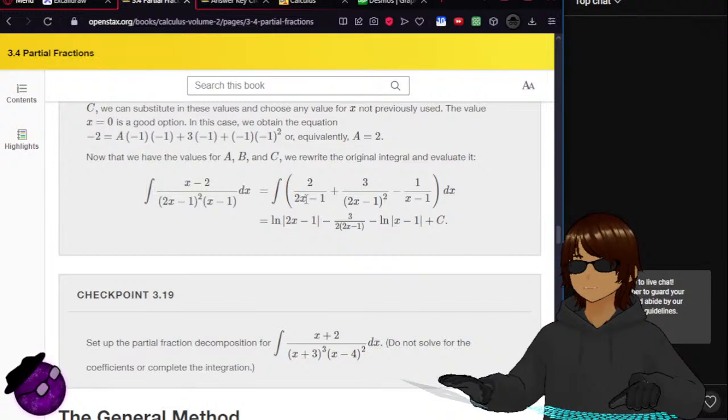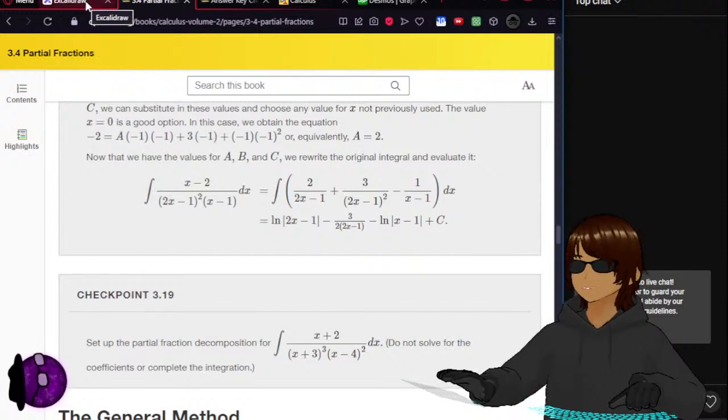I don't get how 2 over 2x minus 1 integrating this gives ln of 2x minus 1. If we derivate ln of 2x minus 1, we get 1 over 2x minus 1 times 2, which I guess makes sense.